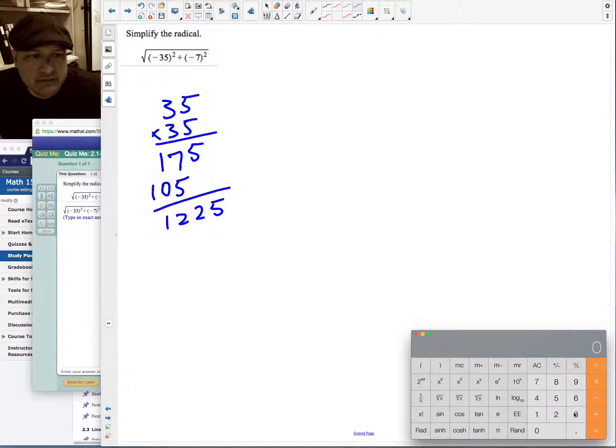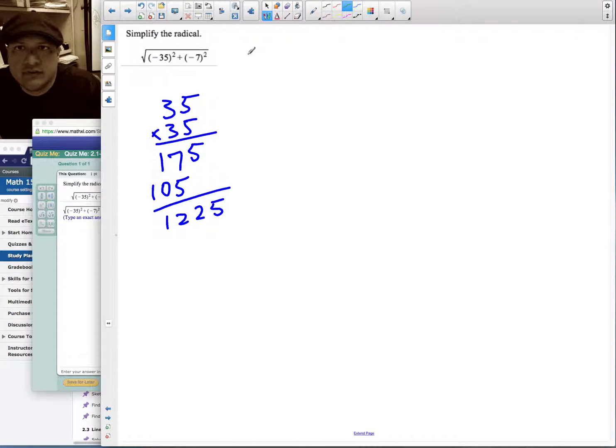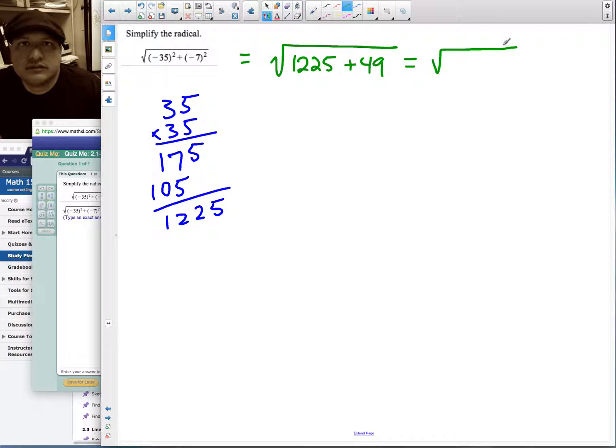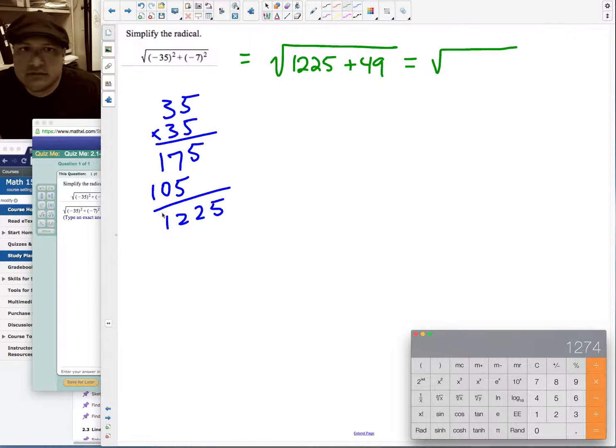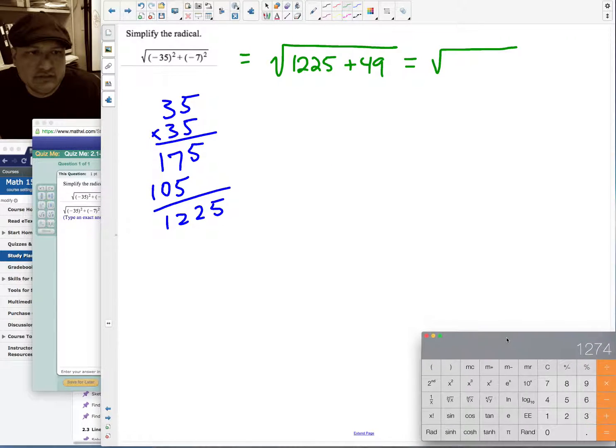So just to double check, 35 times 35 is that. Now 7 squared is 49, right? So plus 49 is 1274. So this is square root of 1225 plus 49 equals the square root of 1274.